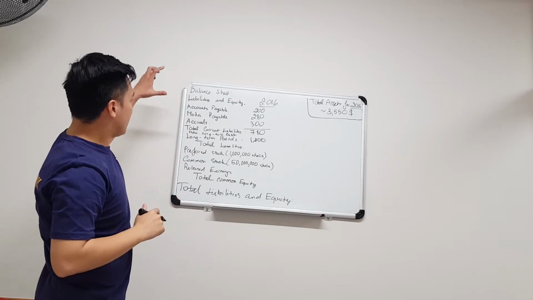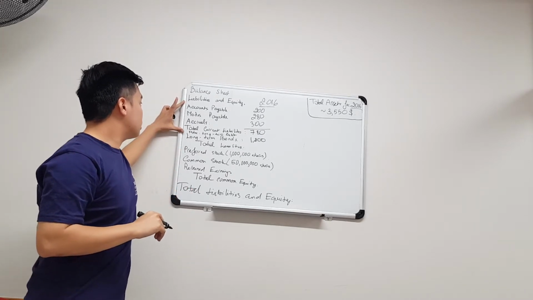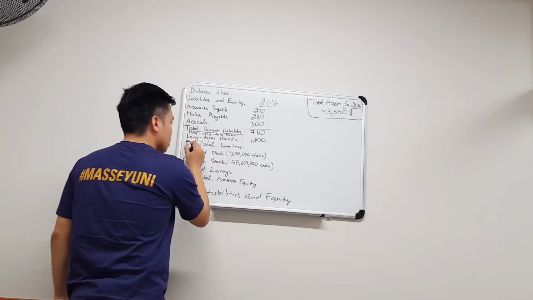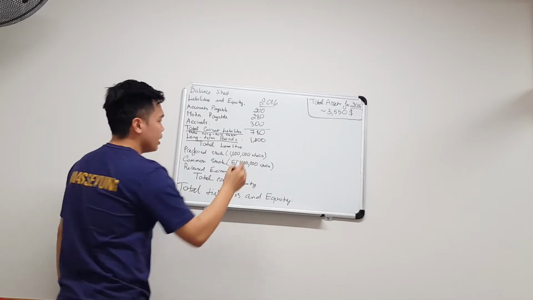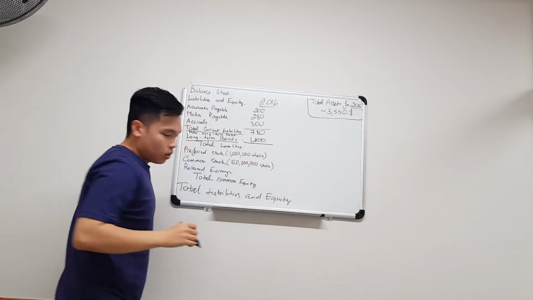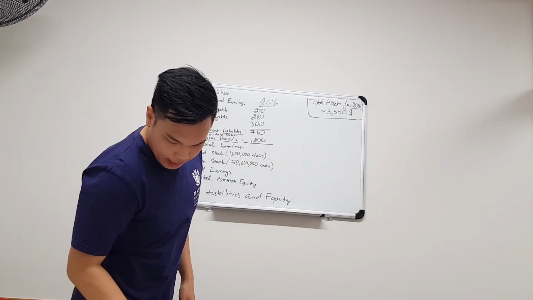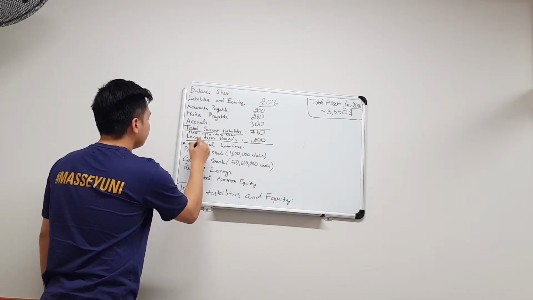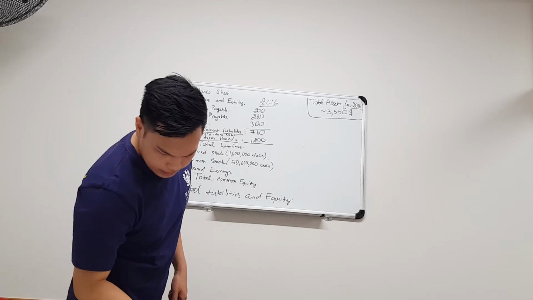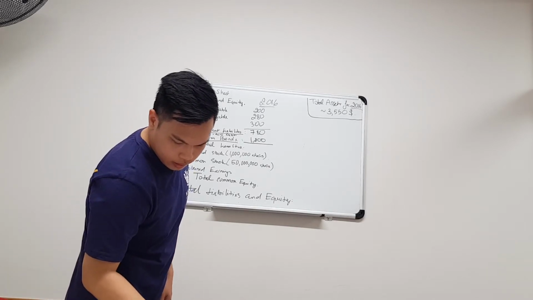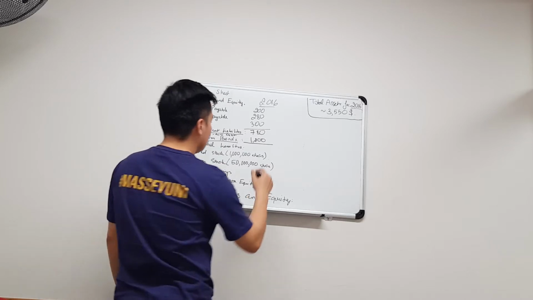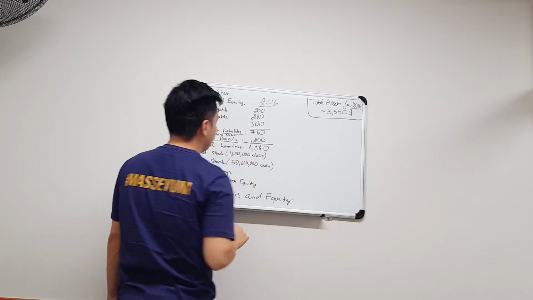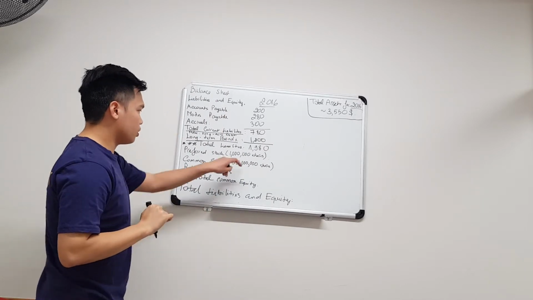So when we have total current liability and long-term debt, we can sum across, and we are going to have total liability as 1,980.